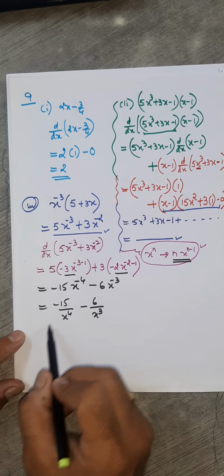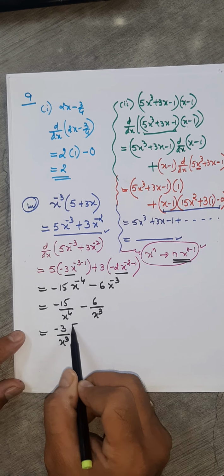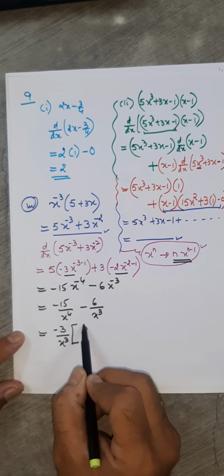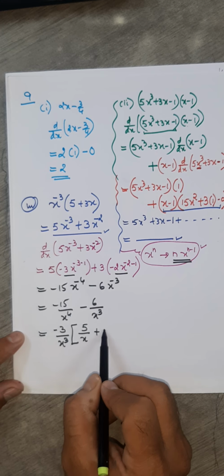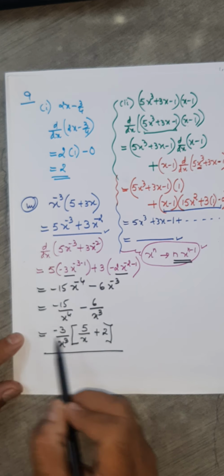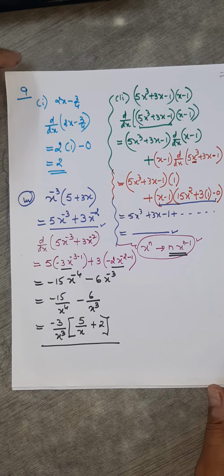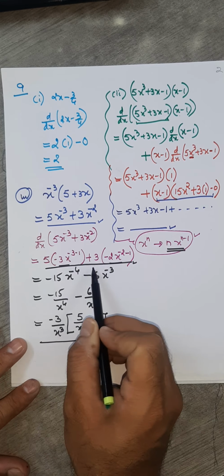Differentiation is over here. We are just simplifying. You can take minus 3 by x cube common. So you will get 5 by x plus this is just 2. That's derivative, d by dx equals this. You can see this. Fine. Differentiation is almost over here, remember. This is simple algebra.